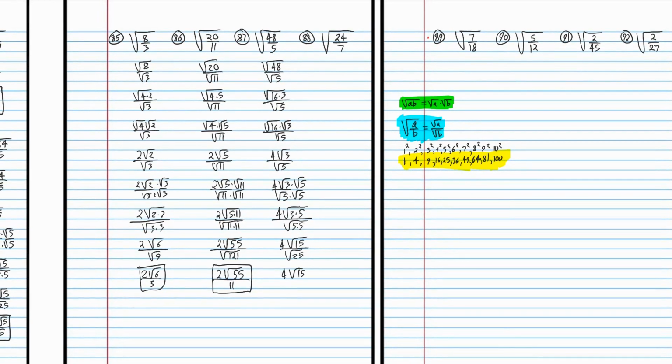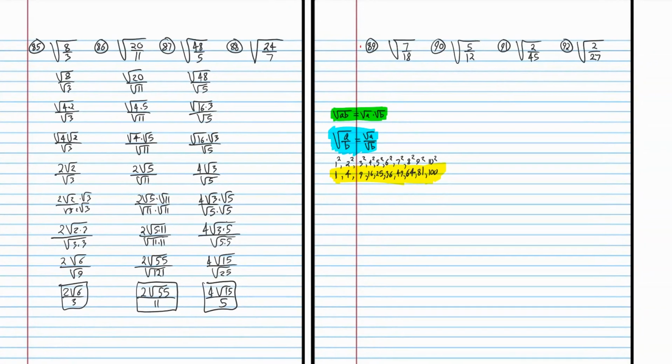Four root 15 over 5. So if you got 4 root 15 over 5, good. Good job.